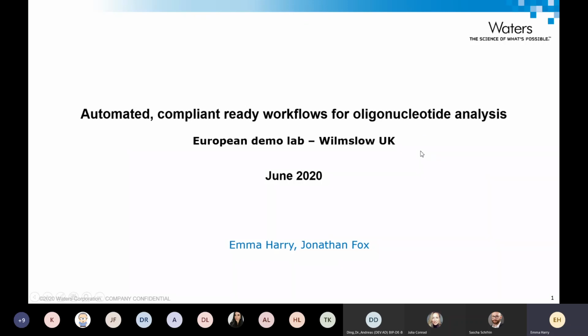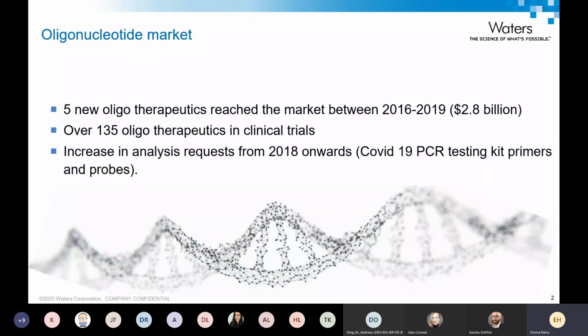So I'll get started. I think we all know that the oligonucleotide market has seen an explosion recently. There are a few statistics here, with 5 new oligotherapeutics reaching the market at a huge cost, and over 135 oligos in clinical trials currently.